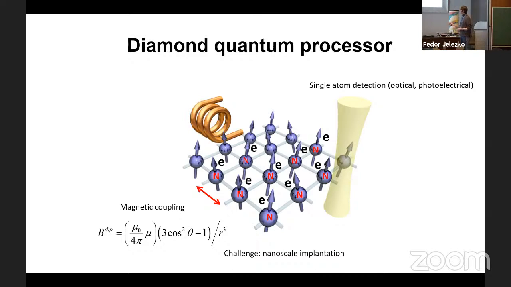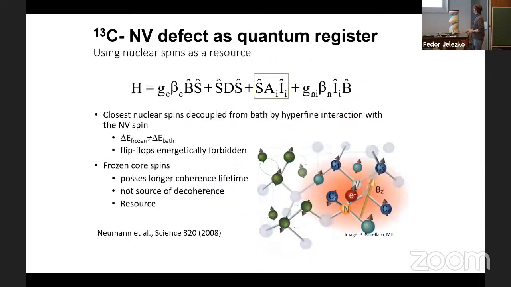So the interaction between spins needs to be stronger than the coherence processes in order to create high fidelity 2-qubit gates. And each individual node of this register will consist of NV center electron spin and these nuclear spins associated with carbon-13.